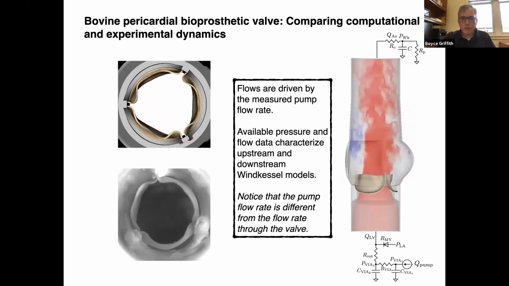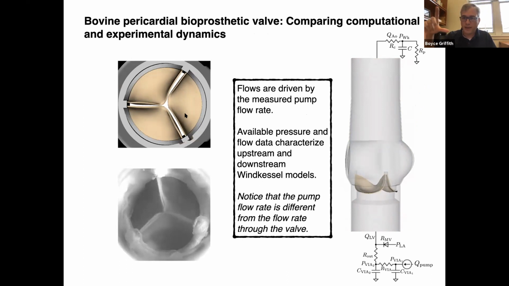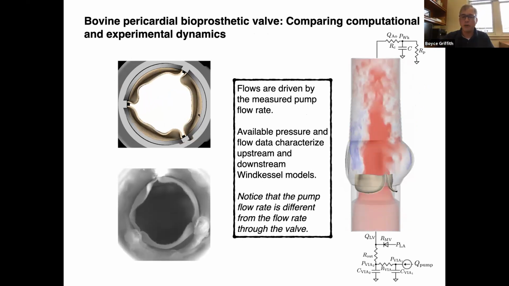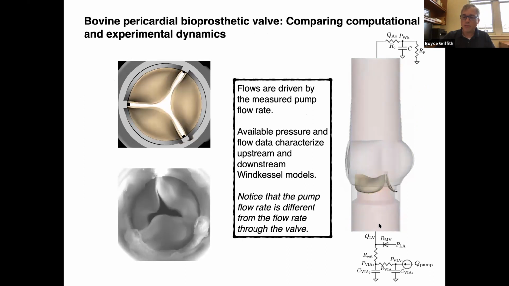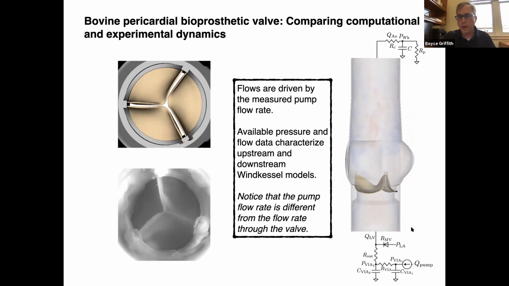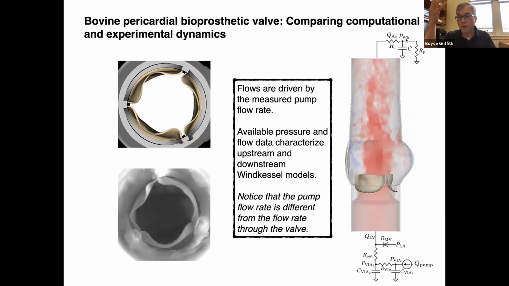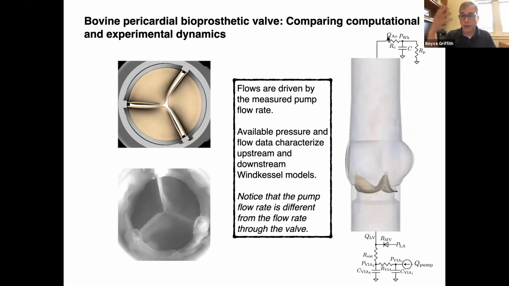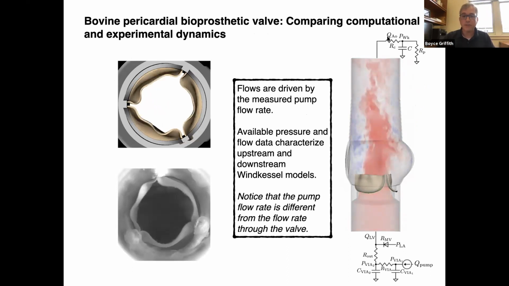We've taken these models of the valves and put them in a model of just the aortic test section of this pulse duplicator system. And we're using reduced order models for the upstream components of the pulse duplicator, so the flexible bag and the piston pump, as well as the downstream components. Downstream of the aortic test section is a classical Windkessel, so a compliance chamber and a resistance.